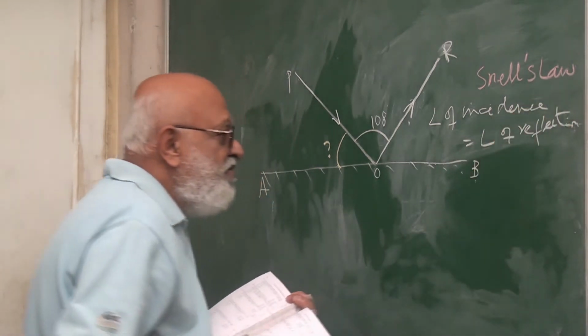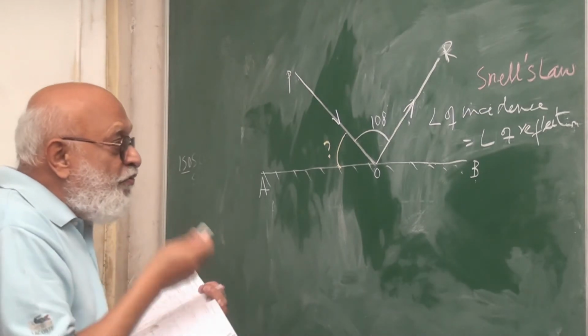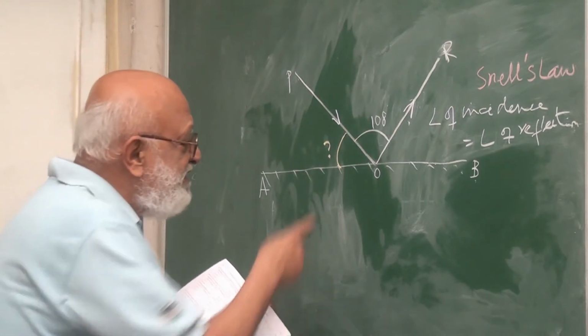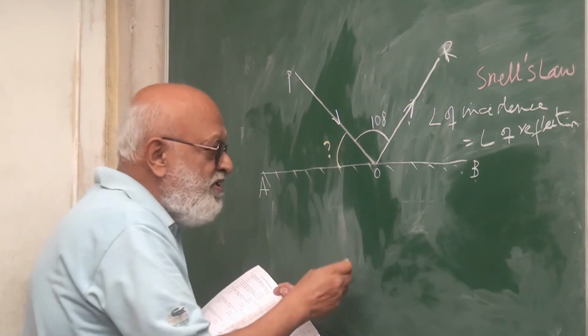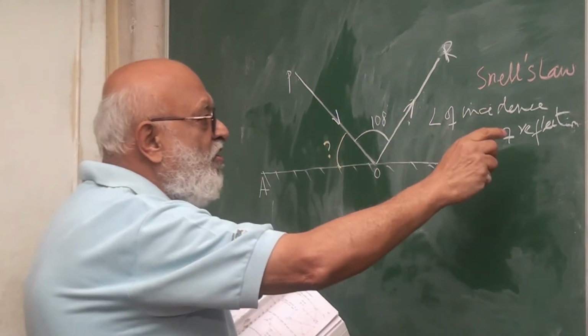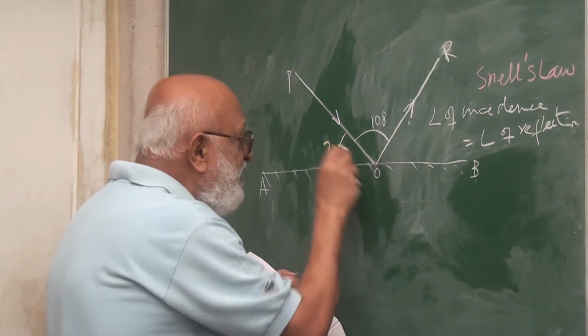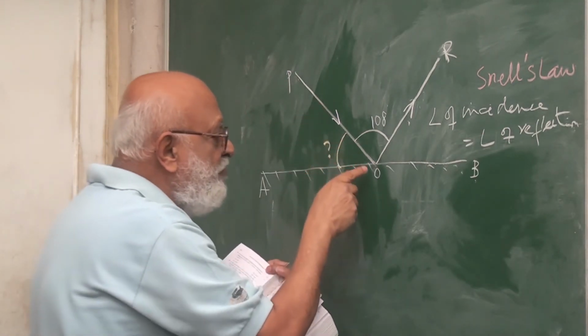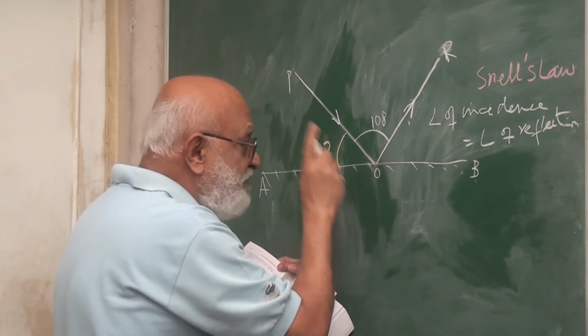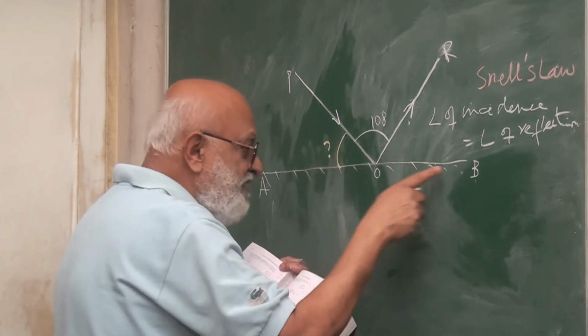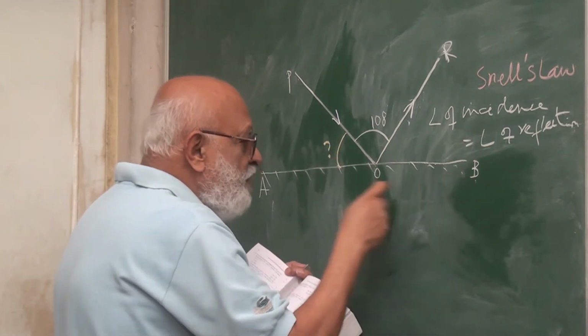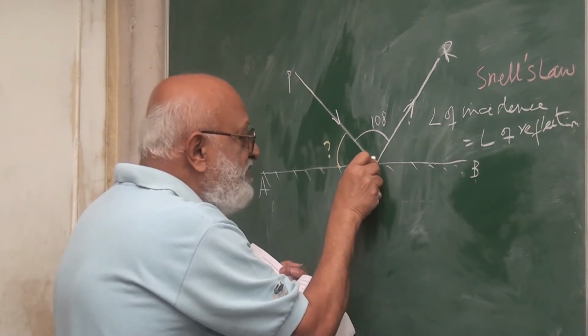It's done? Okay. Now what is angle of incidence? Is this angle of incidence? No. First of all, Snell's law also says that this angle the incident ray makes with the normal at the point O, makes with the normal, not with the plane mirror. So I must draw a normal. So this is my normal.